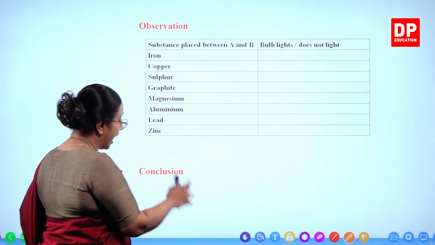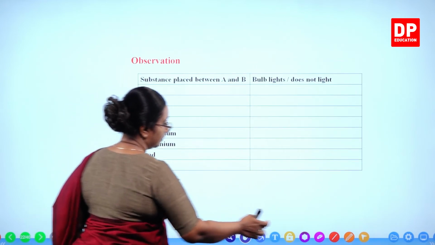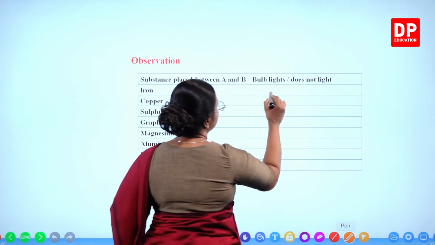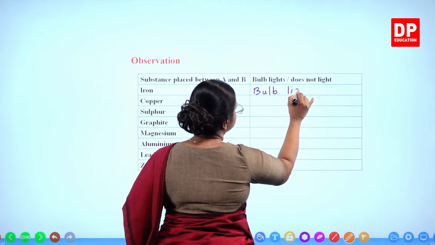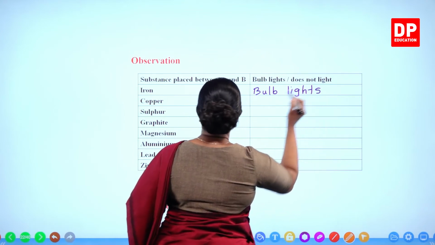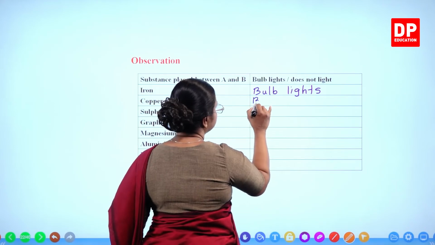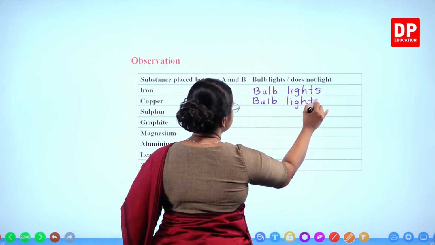So here, iron. Iron, what happened? The bulb lights. So here I will say bulb lights. Then copper, yes, the bulb lights.